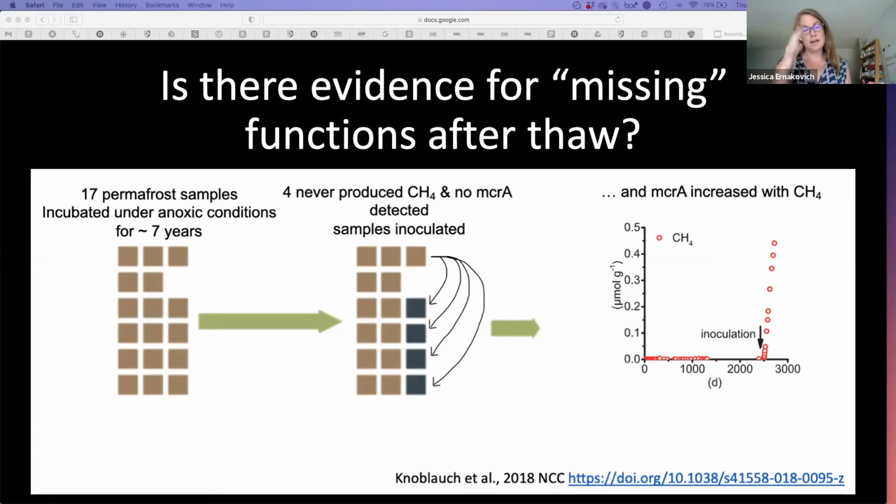They were just doing qPCR with mcrA genes, and they didn't detect any methanogens. Then they added some soils that had been methane active, and then they saw methane. I think that's a great example. Sylvain Monteau also did those types of experiments with permafrost out of the permafrost tunnel and also sees really large increases in CO2 once you add in microbes.